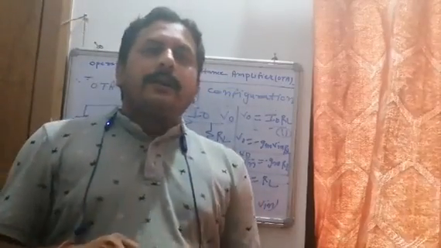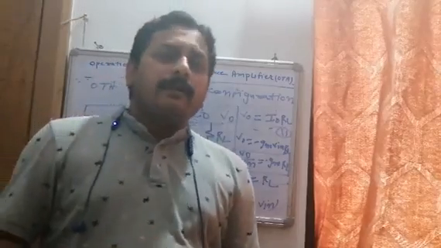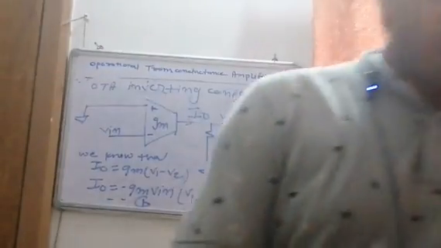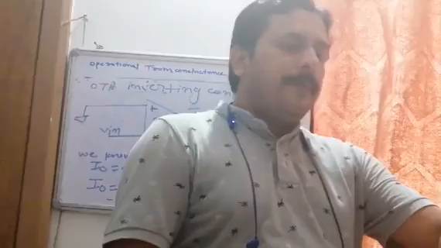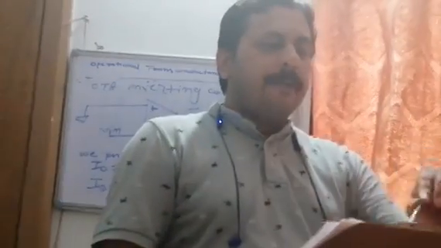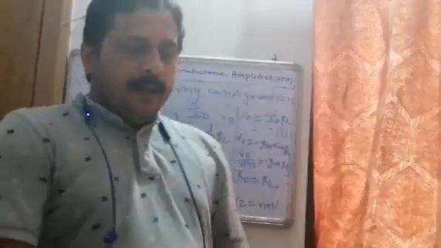So how can we remove this type of problem? Basically we remove this problem with the help of a buffer amplifier. Basically, a buffer amplifier is a closed loop configuration of OTA.